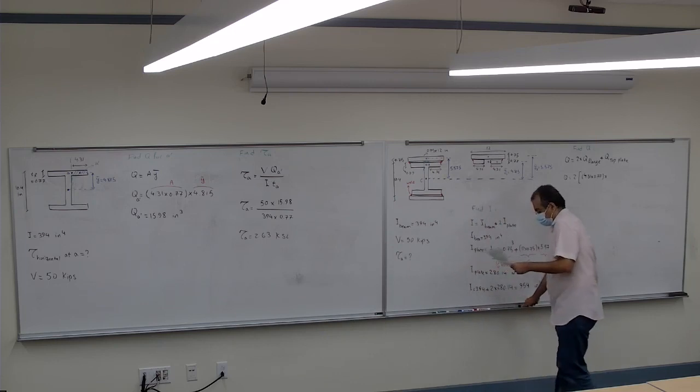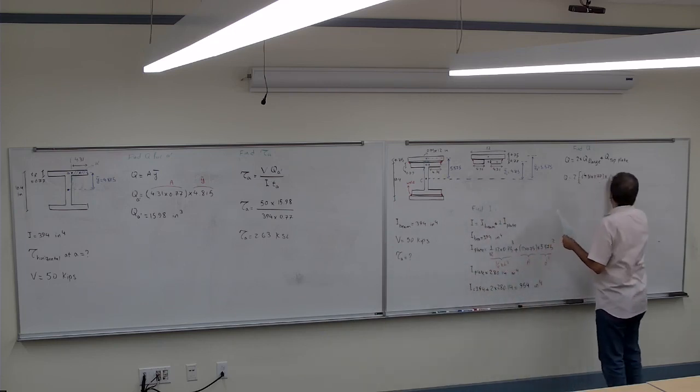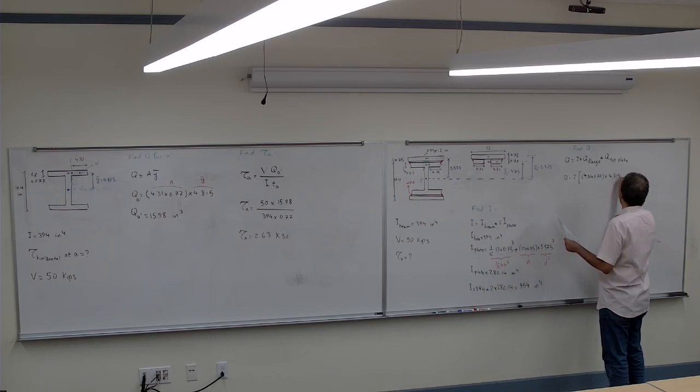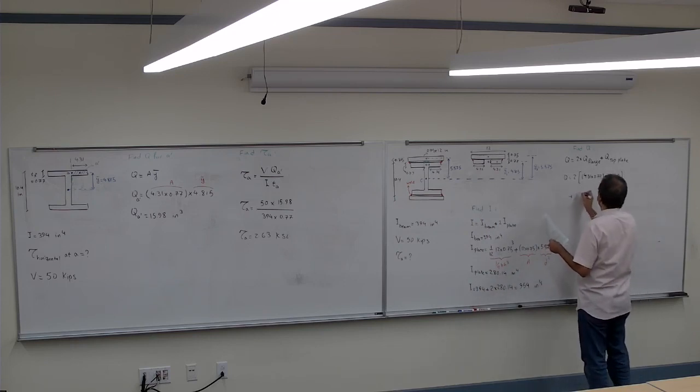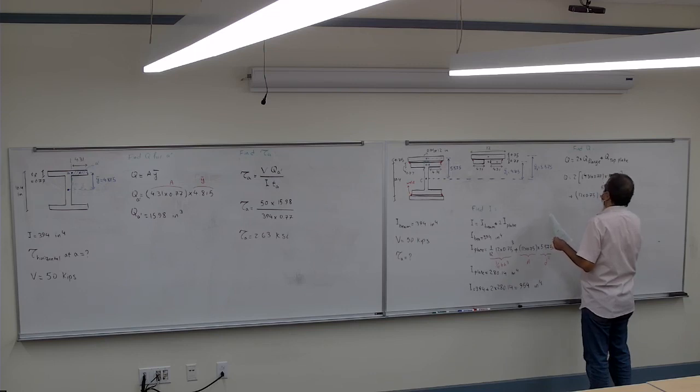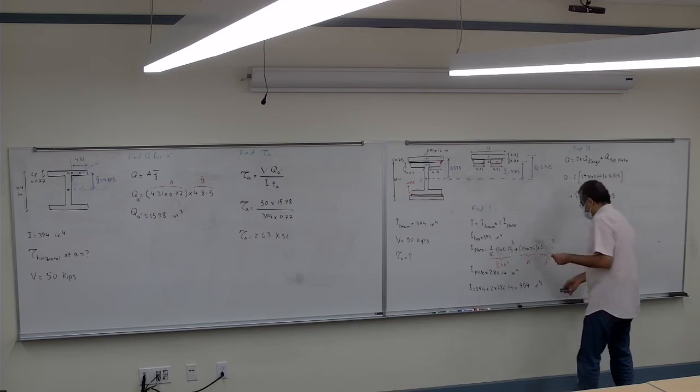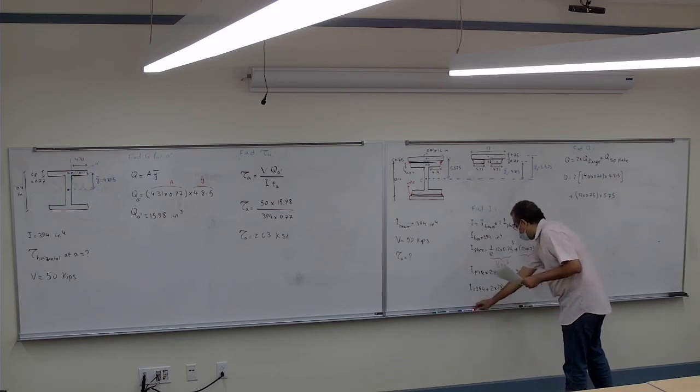So it's going to be multiplied by 4.815, plus the area of the plate, which is 12 times 0.75, multiplied by 5.575.